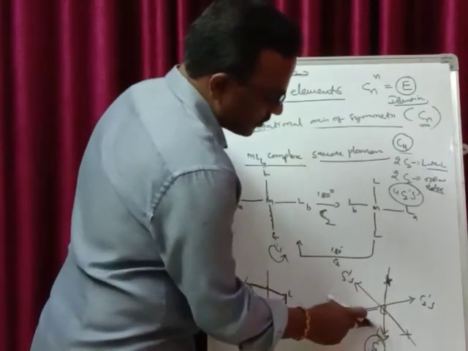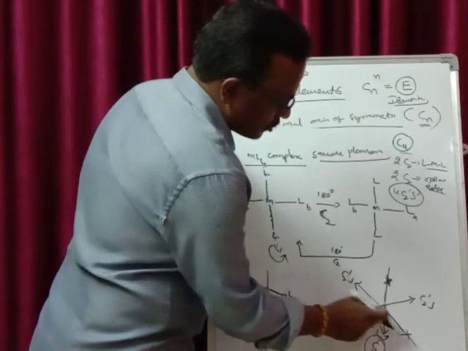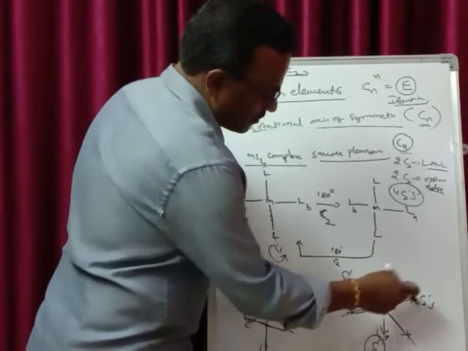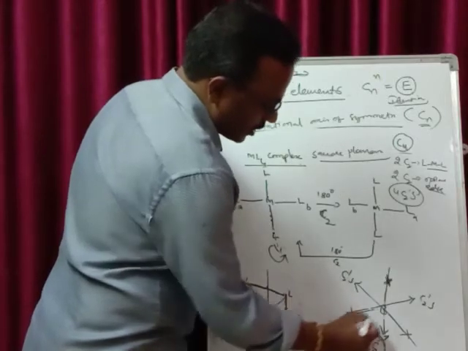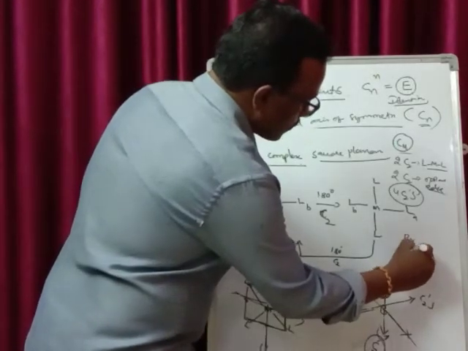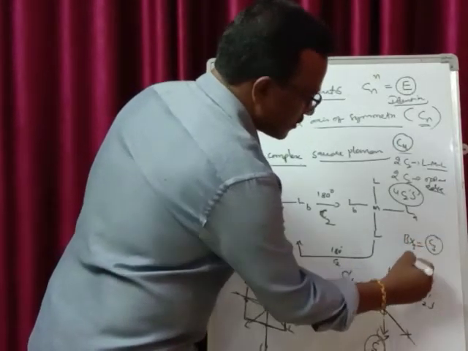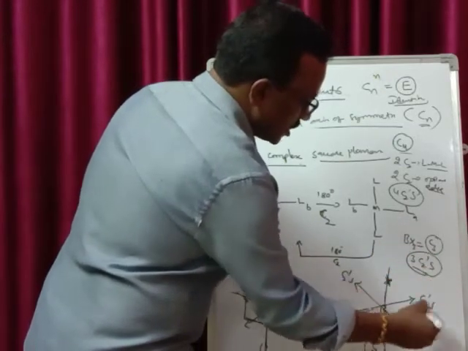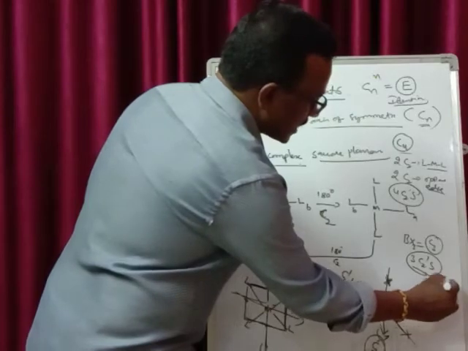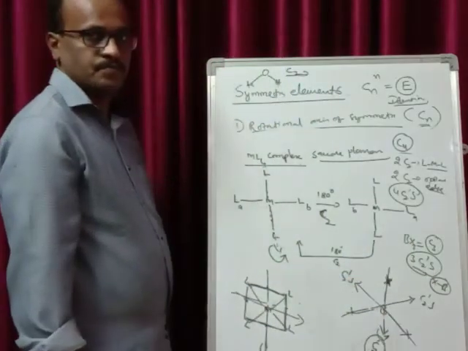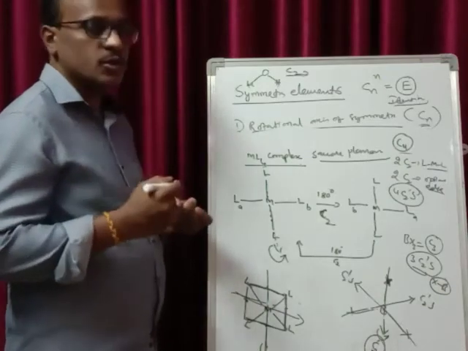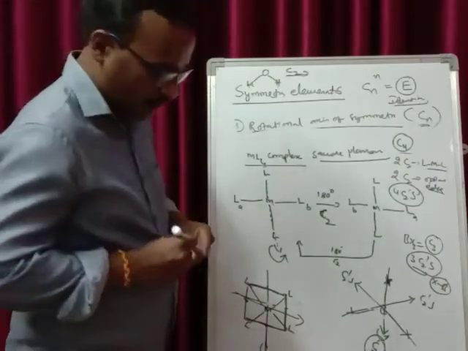One C2 passing through this BX bond, the other C2 passing through this BX bond, the third C2 passing through the other BX bond. Therefore, in the BX3 molecule, you have a C3 rotational axis of symmetry and three C2s. Each C2 is passing through an X and the boron. So this is what we have regarding the rotational axes of symmetry of C2, C3, C4 molecules.